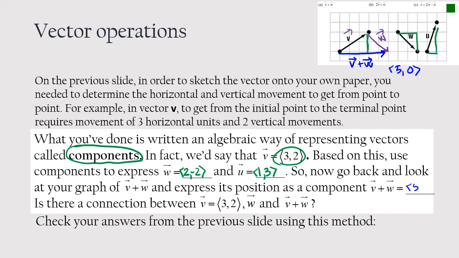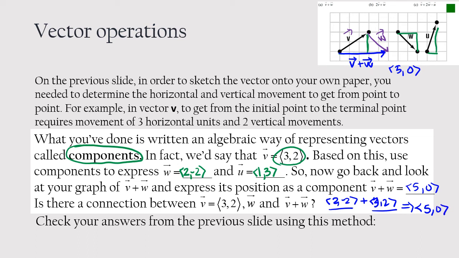What's kind of cool is that if I took w's component and added it to v's vector, which is 3, 2, when they're written in component form, you add the x parts together, 2 plus 3 is 5, and then add the vertical parts together and you get 0.